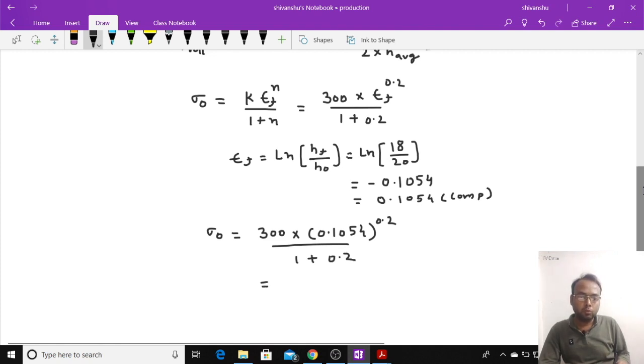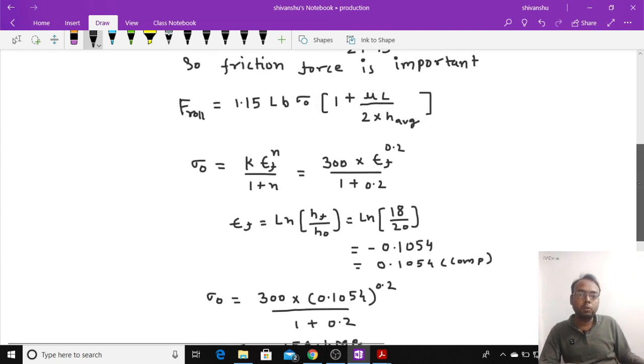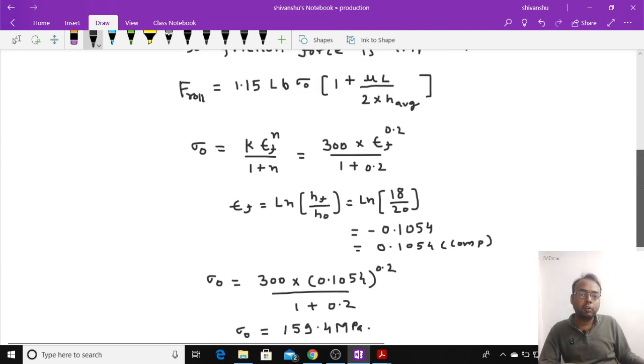So finally the value of sigma O comes to 159.4 megapascal. Now this value of sigma O, flow stress, I'll put in the equation of F roll.